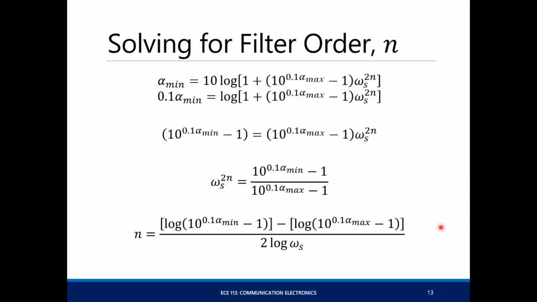Then you can get the relationship of alpha min and alpha max through the second equation. Now you can solve for the filter order n as a function of your attenuations and your specified stop band cutoff frequency.